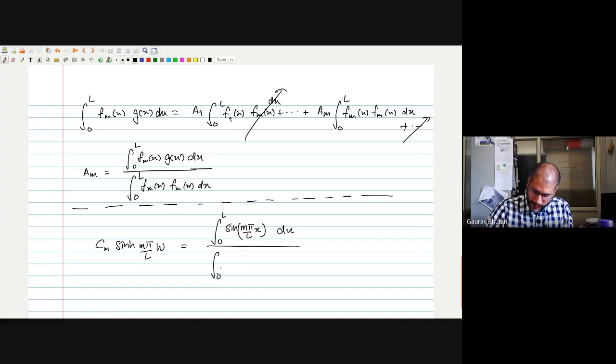The denominator is the integral from 0 to L of sine squared(m pi/L times x) dx. So to find my C_m, I can now also take this sinh term to the denominator.